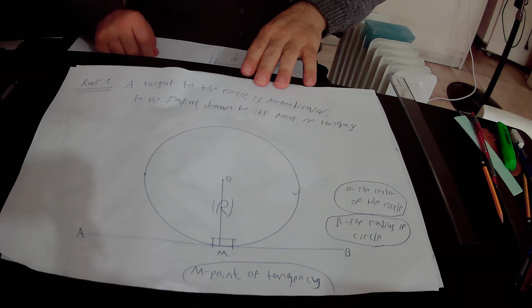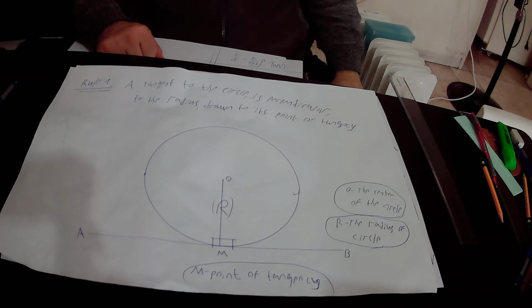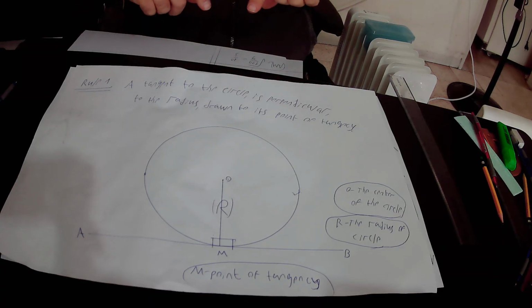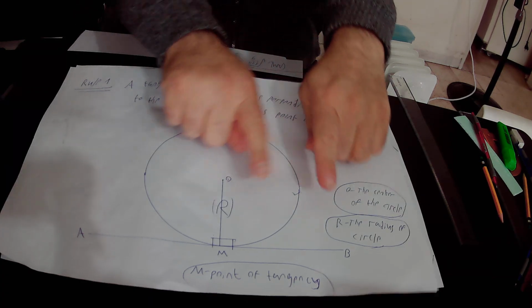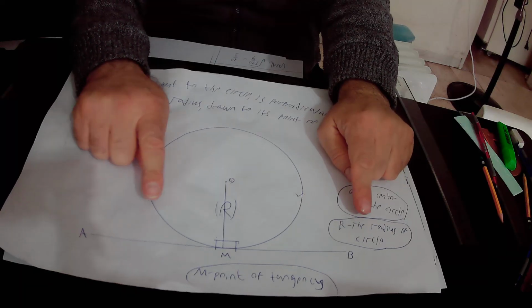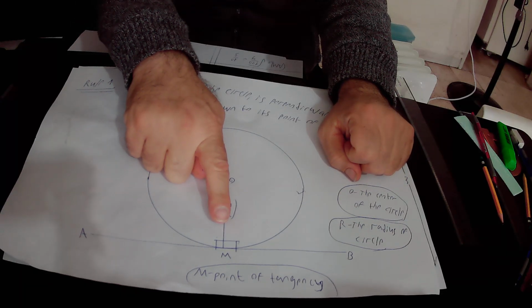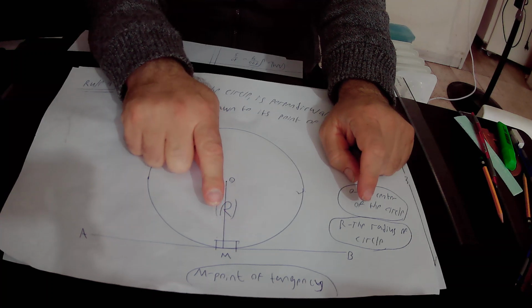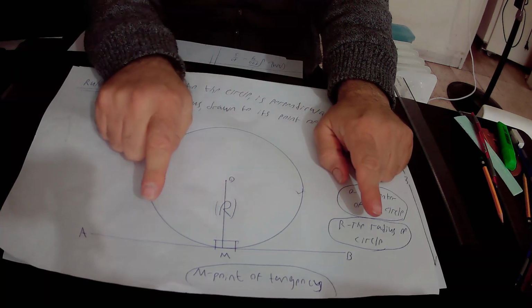According to rule 1, a tangent to the circle is perpendicular to the radius drawn to its point of tendency. So in the domain we have a circle, and also we have tangent AB that is tangent to this circle at point M. Point M is the point of tendency of tangent AB with this circle.